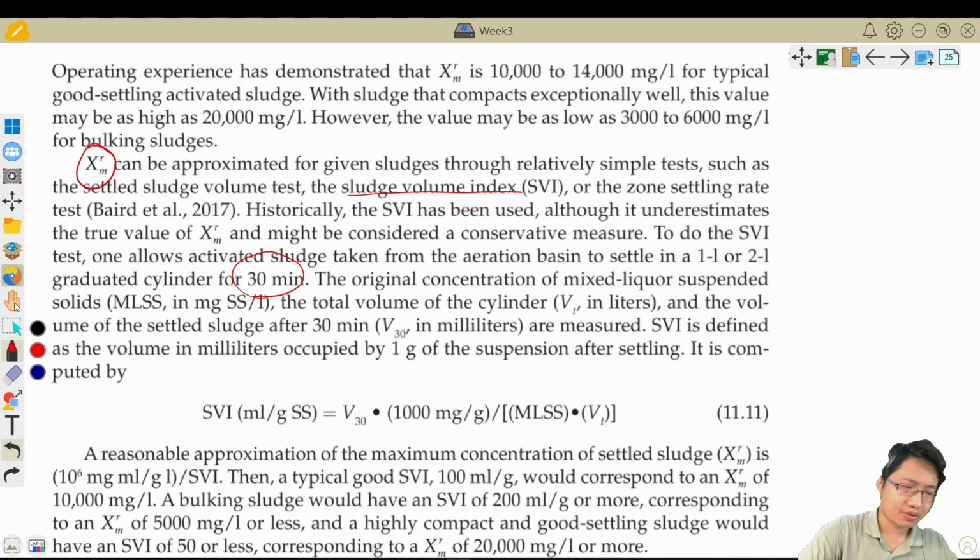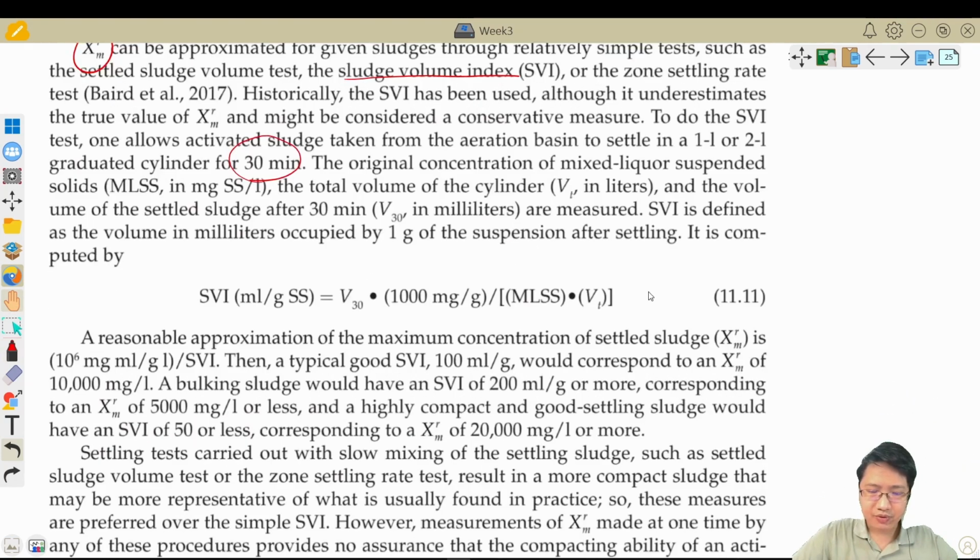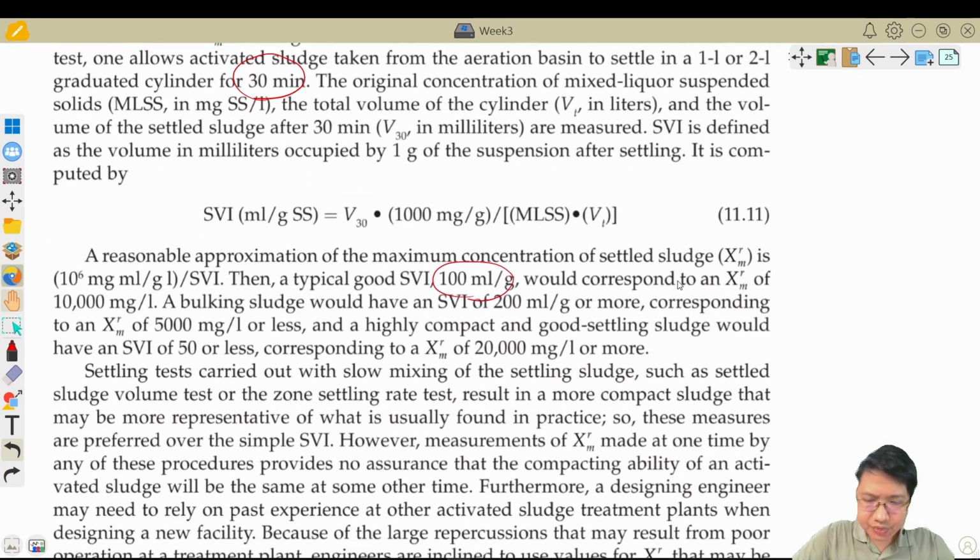A typically good SVI is about 100 milliliter per gram, which means the sludge has a better settling capacity over the settling period.